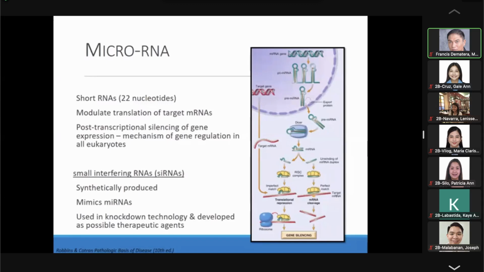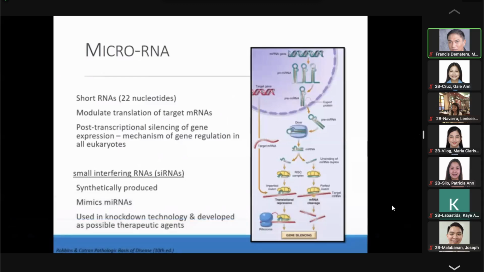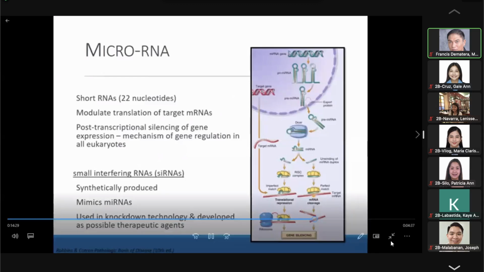These subsequently unwind, and then these strands associate with the RNA-induced silencing complex, or RISC. And base pairing between the microRNA and the target genes silences the gene by preventing translation. So the mRNA may be cut to prevent translation, or the ribosome binding to mRNA is prevented, also leading to silencing. The mRNA will not be translated into a protein. So that's why there's gene silencing.